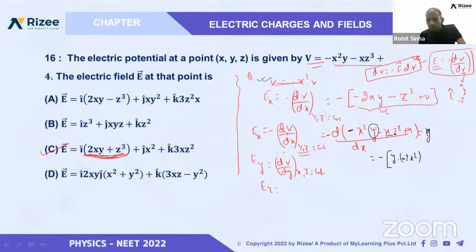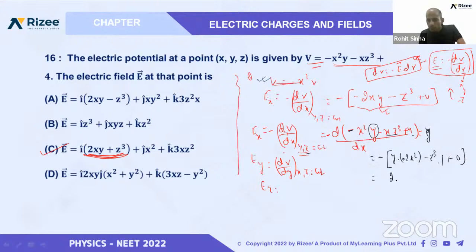Again, the next term is xz cube, and we have assumed z as constant. So z will be outside, and the differentiation of x is 1, plus the differentiation of a constant will be 0. When we put this negative sign inside the bracket, the minus sign will go inside and make it positive.